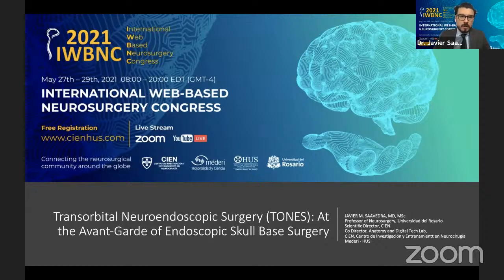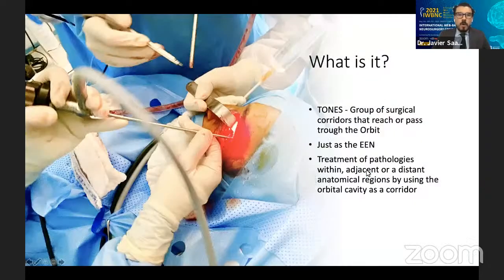So we're going to talk today about transorbital neuroendoscopic surgery. So what is it? TONES is not a single approach, but a group of surgical corridors that reach or pass through the orbit, aiming to treat pathologies that are within, adjacent, or even at distant anatomical regions by using the orbit as a corridor.